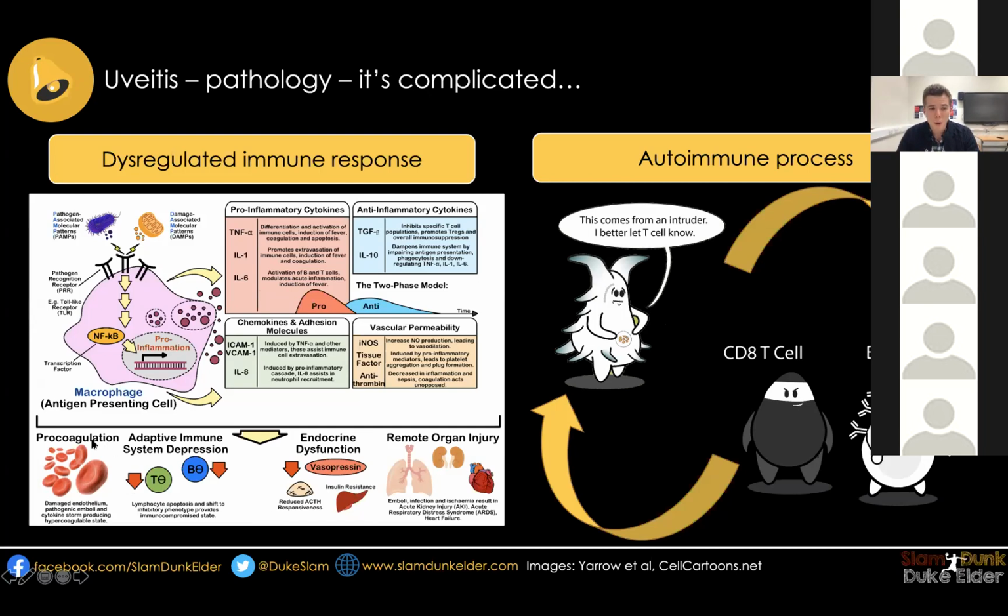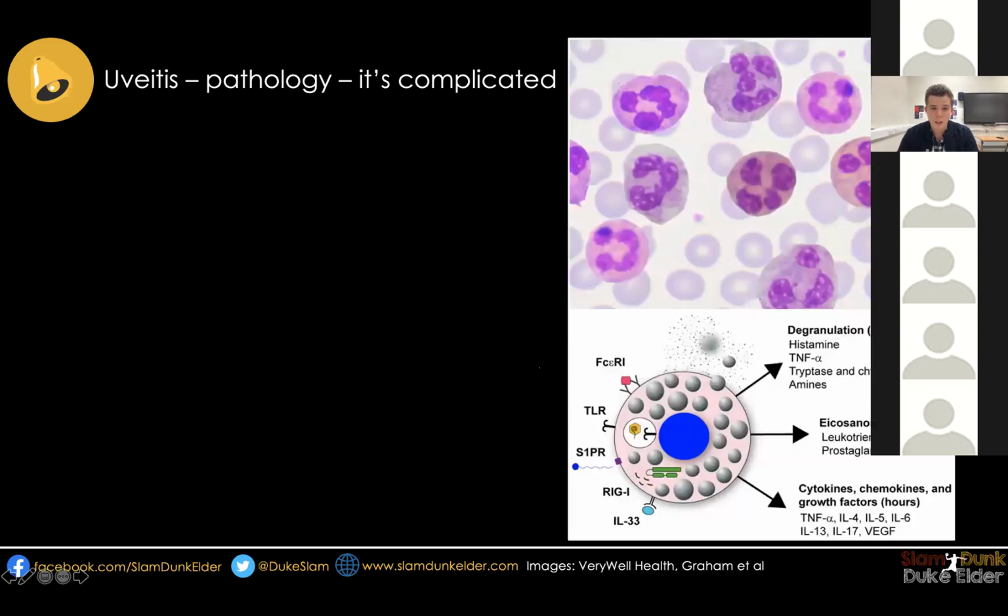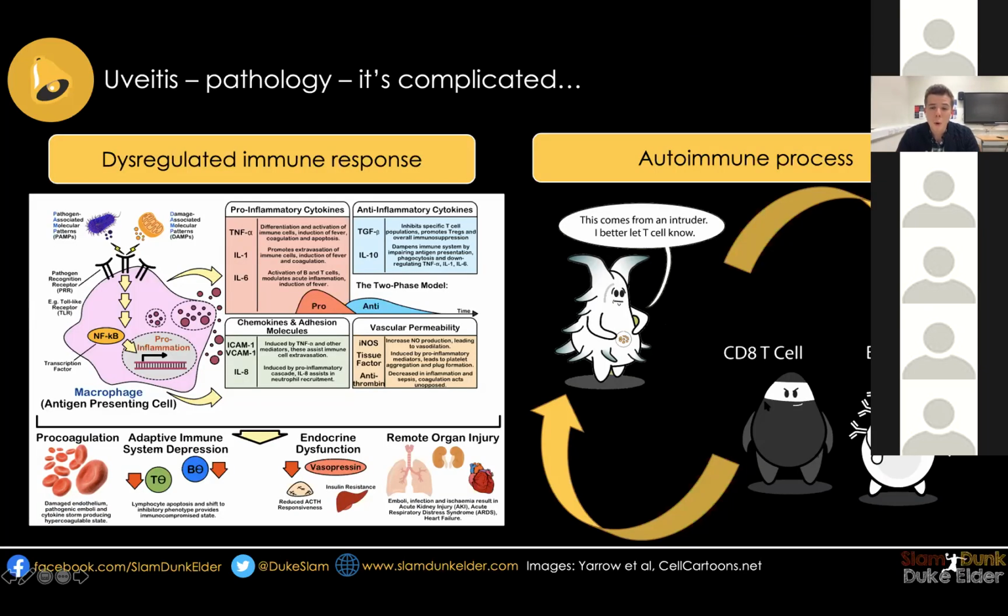Our blood tends to clot a bit more. Our immune system, because it's trying to shift into an anti-inflammatory state to depress the dysregulated response, depresses our adaptive immune system. There's endocrine dysfunction, cortisol gets released, and there's remote organ injury as a result of all this.